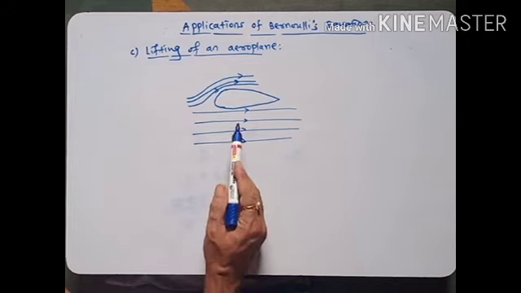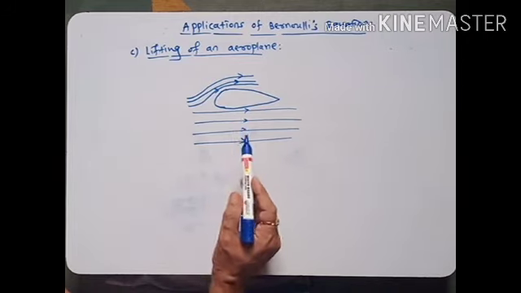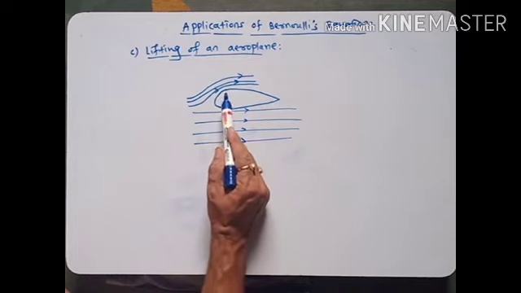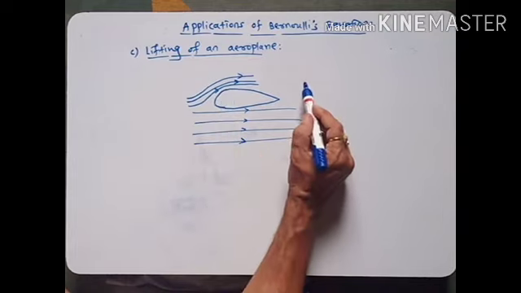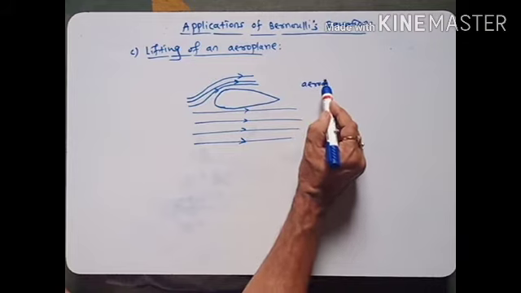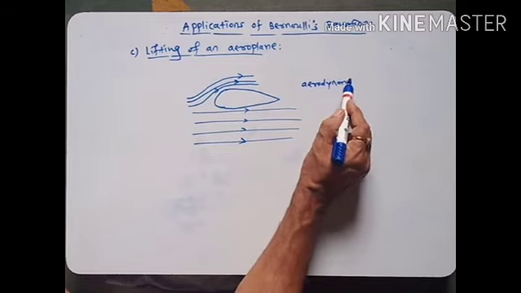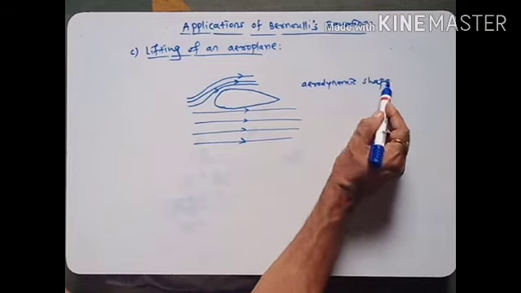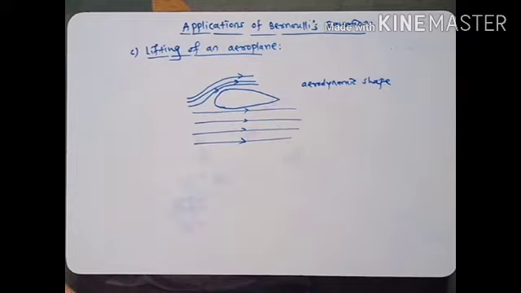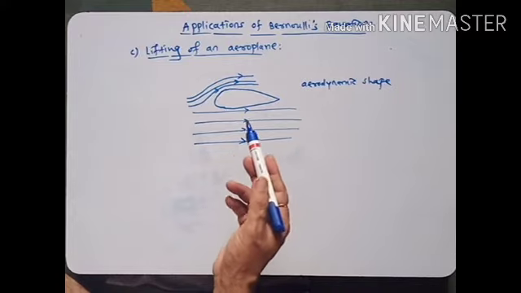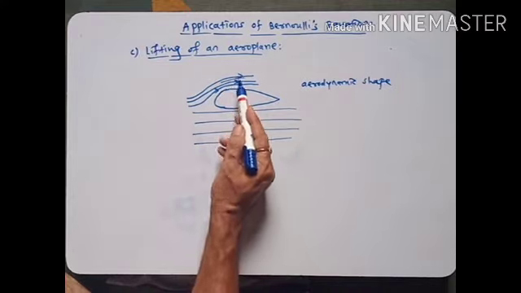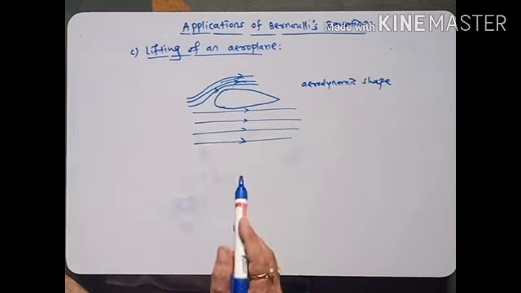Whenever the aeroplane runs on a runway, due to its shape, which we call the aerodynamic shape of its wings, the streamlines of air are crowded above the wings. Here, see, these streamlines are crowded above the wings.